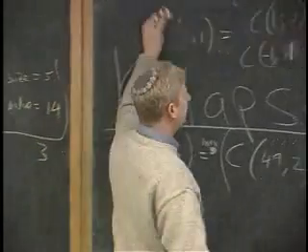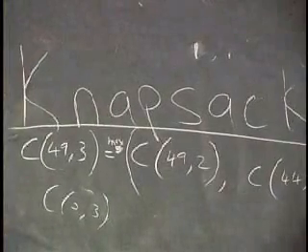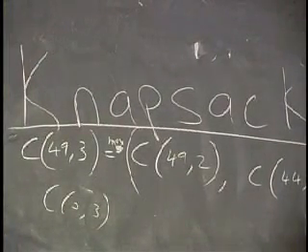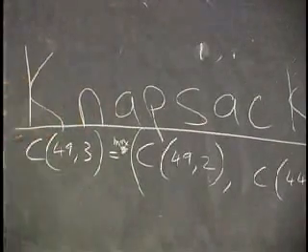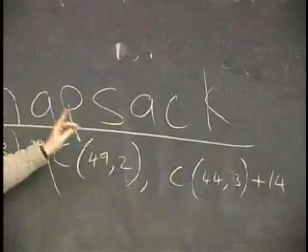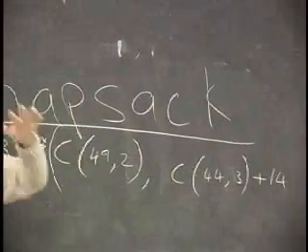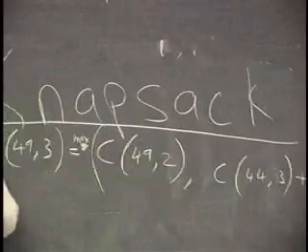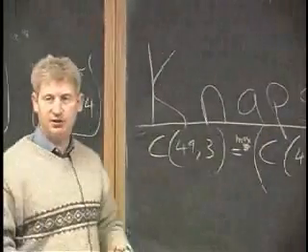All right, so now that we've got the base cases, I hope, down pat, let's try to figure out the answer to this problem. C of 49, 3. As you might guess, C of 49, 3 depends on C of 49, 2 and C of 44, 3, and as you keep going here, you're going to get these overlaps. The subproblems are going to start overlapping, it's going to be a mess, and how long is it going to take us to get it?